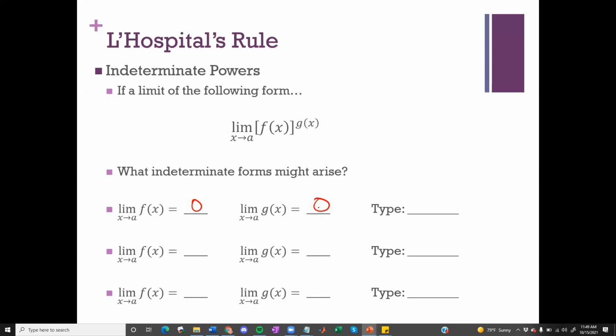What if they're both 0? What is 0 to the power of 0? Why is it 1? Because anything raised to the power of 0 is 1. But what happens when you raise 0 to a power? You get 0, right? So that's why this is undefined. You've got 2 conflicting.